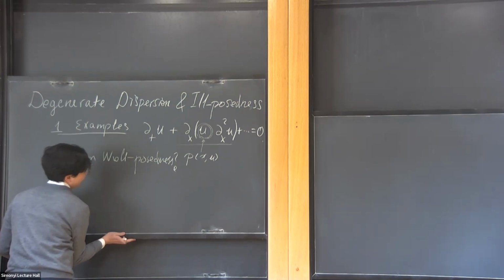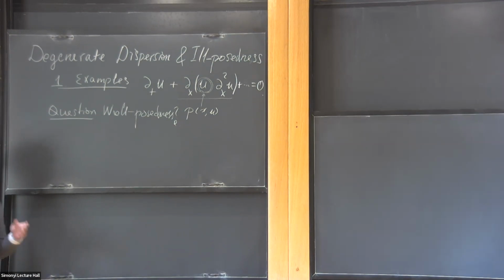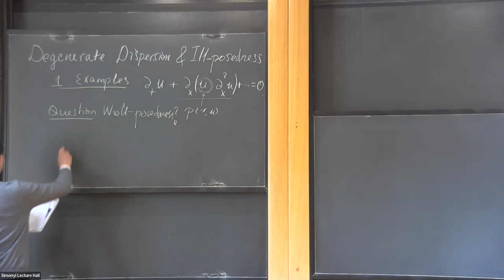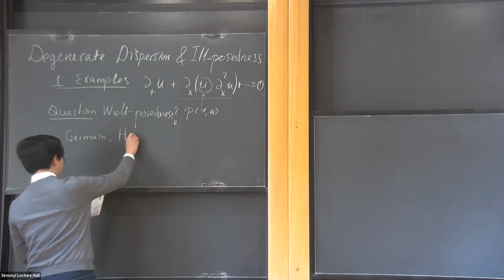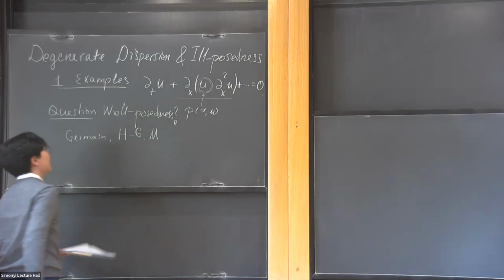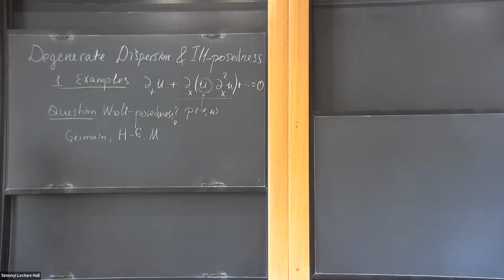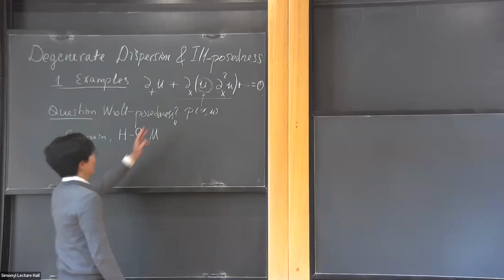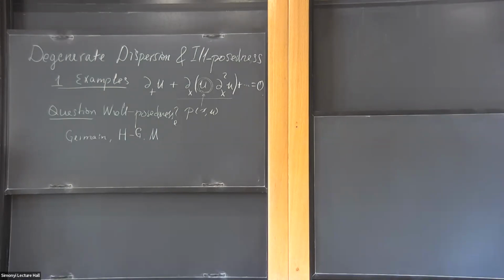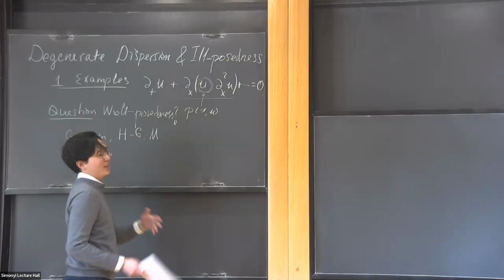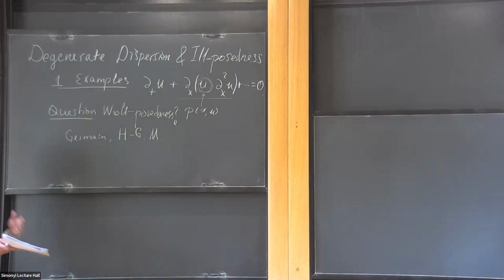And essentially, this was completely open until a year or 2 years ago, when there was some work by Germain, Harold Griffiths, and Marzola, where they proved a very special kind of well-posedness for one of these models. But they really need to use some special structure of the equation for their well-posedness theory. So I'd say that the general well-posedness theory is still completely open.